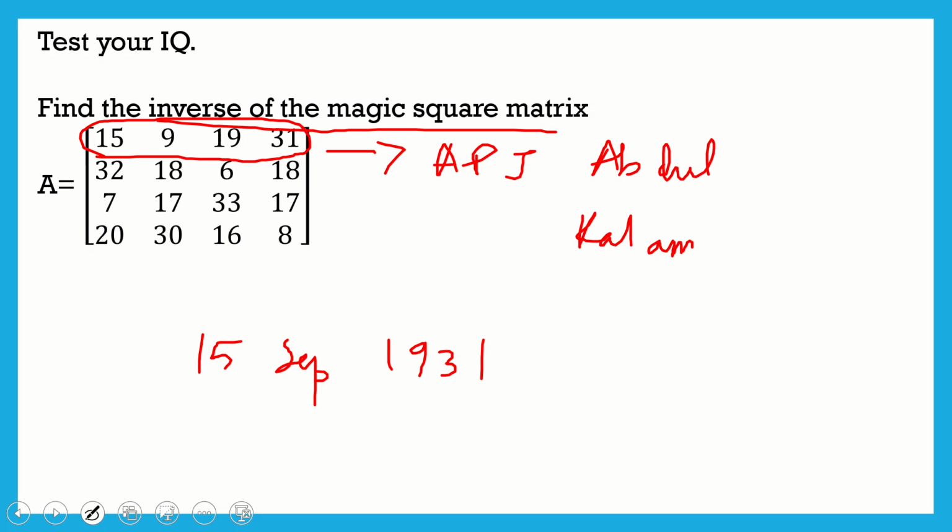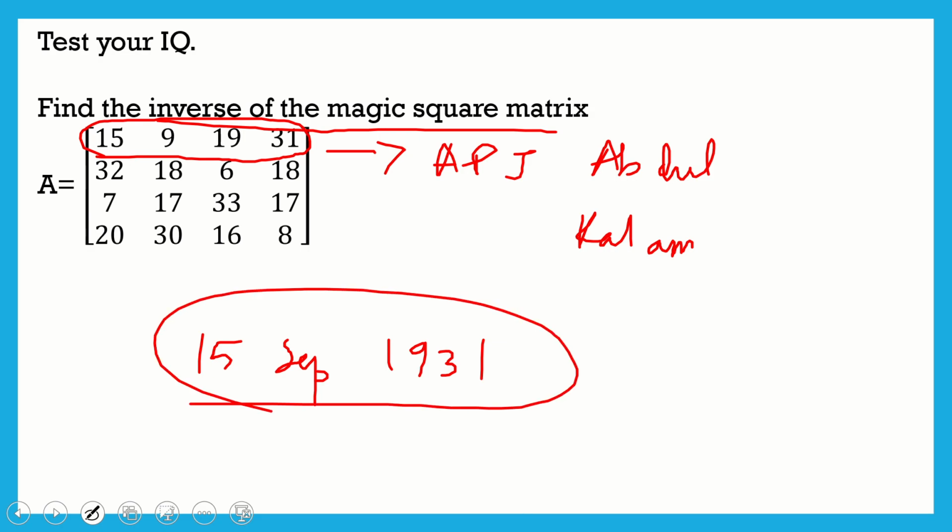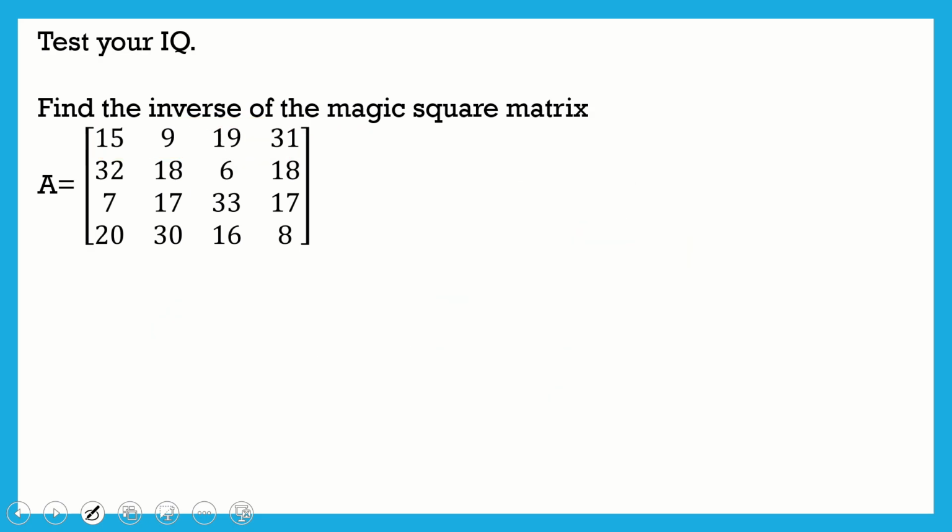It is the birth date of APJ Abdul Kalam, the missile man of India, and the president of India from 2002 to 2007. If you read out the first row, it is written 15 September 1931, the date of birth of APJ Abdul Kalam. So it's also a very interesting question, but a very lengthy question.